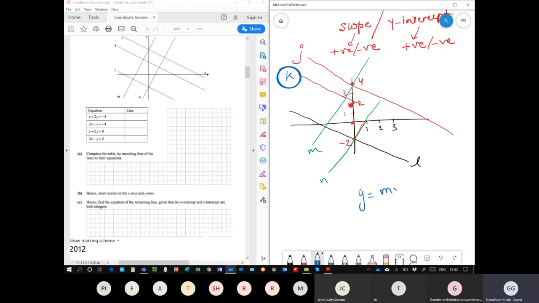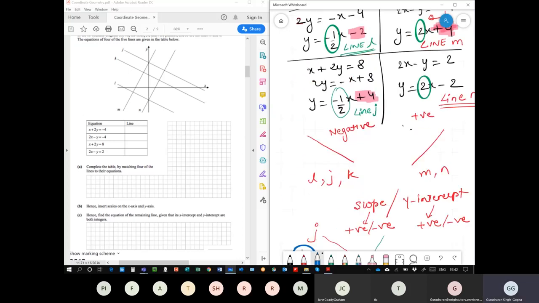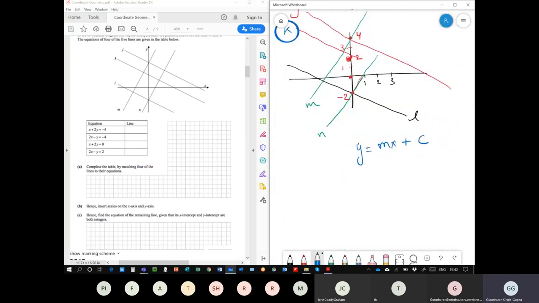So the equation is y is equal to mx plus c. And this line K is parallel to the other lines, line L and J. And you already know that the slope of line L and J is -1/2. So the slope of this should be -1/2 as well. Okay. So y is equal to -1/2 x plus c. C means y-intercept, which is 2.